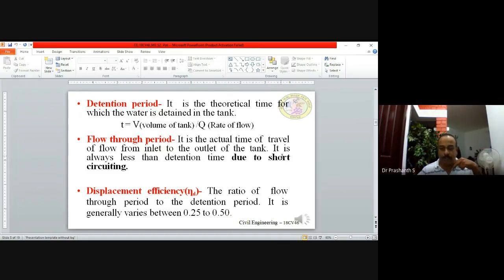It is also like the detention period, but the actual time taken is sometimes less than the detention period, because of short circuiting, sometimes it may take a short route and reach the outlet swiftly. And displacement efficiency is the ratio of flow through period to the detention period. It generally varies between 0.25 to 0.50.